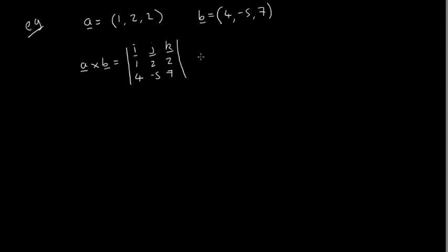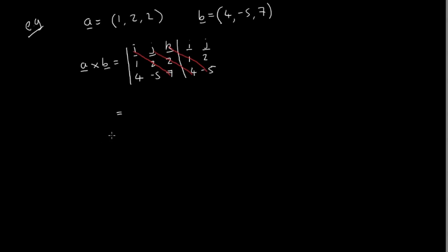Using Sarrus's rule, remember we repeat the first two columns just to the right. So i, j, 1, 2, and 4, and minus 5. Remember, we draw 3 diagonal lines, so starting from i, down to the right, j, down to the right, and k, down to the right.